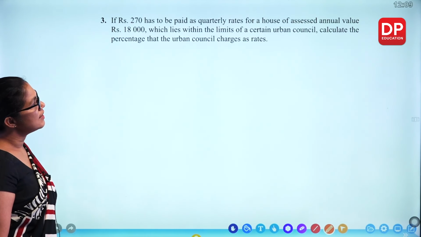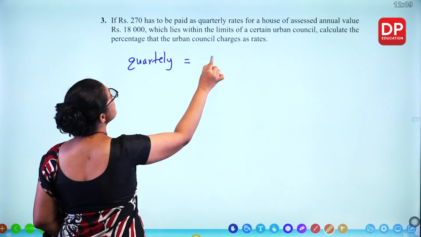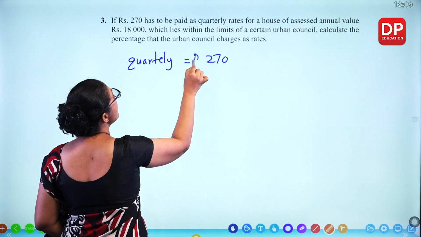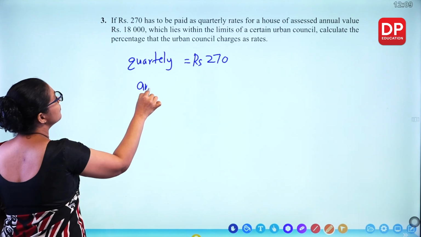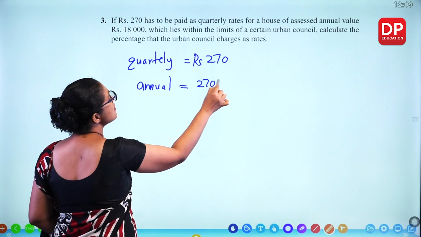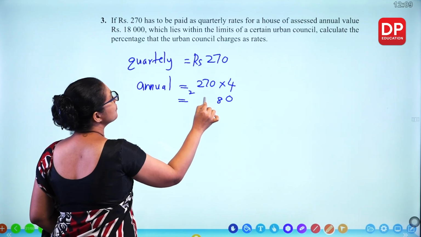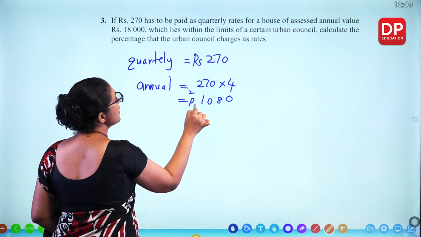So what's the quarterly value? Quarterly value is 270. Then what's the annual value? Annual value is, you multiply this by 4. 1,080 rupees.